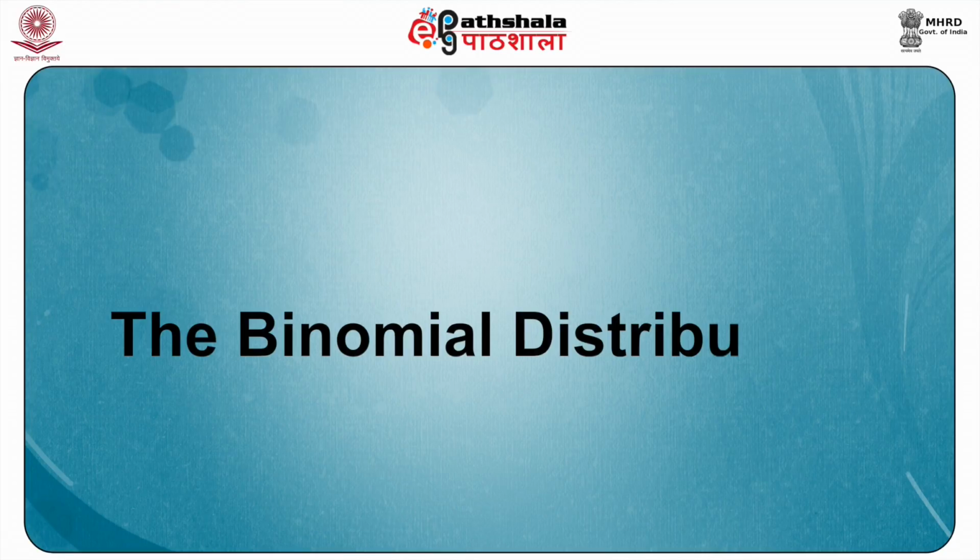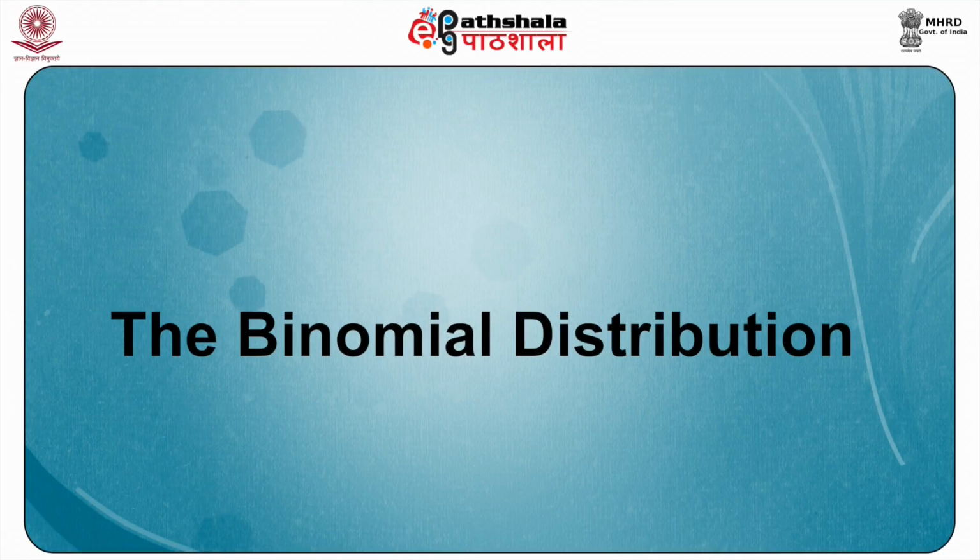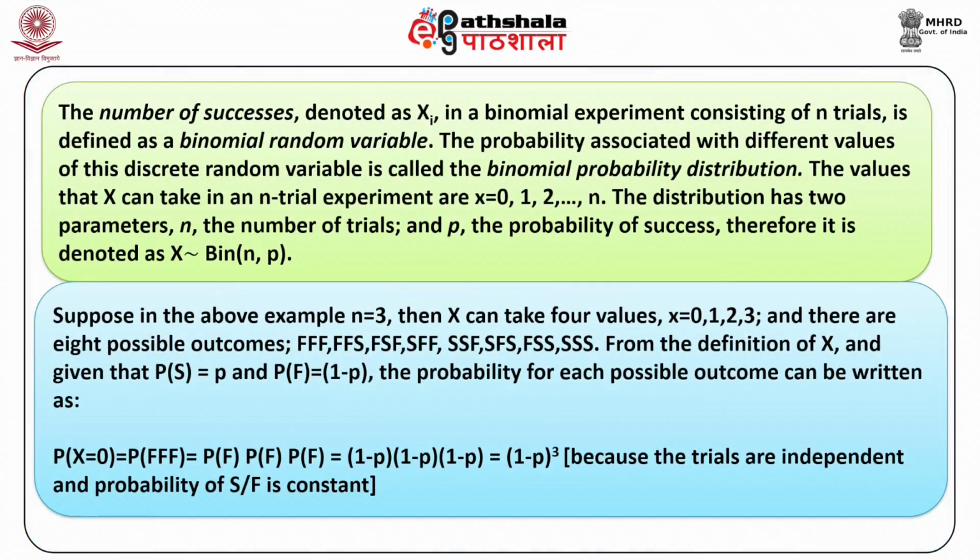Let us now go into some more details about this binomial distribution. The number of successes, denoted as x, in a binomial experiment consisting of n trials is defined as a binomial random variable. The values that x can take in an n trial experiment are x equal to 0, 1, 2 up to n. The probability associated with different values of this discrete random variable is called the binomial probability distribution.